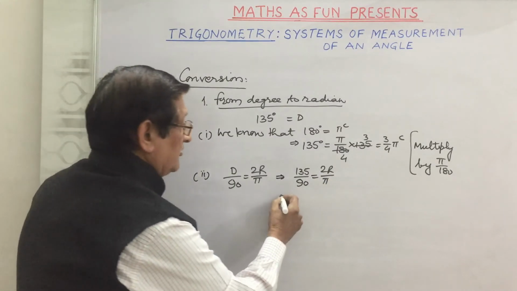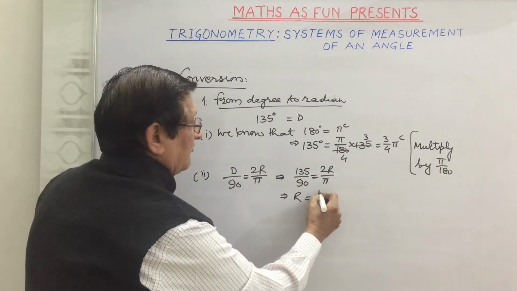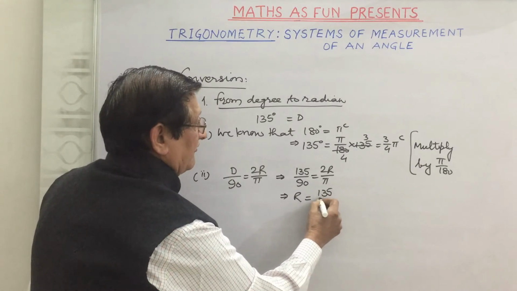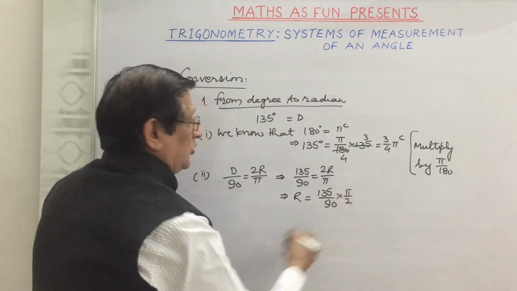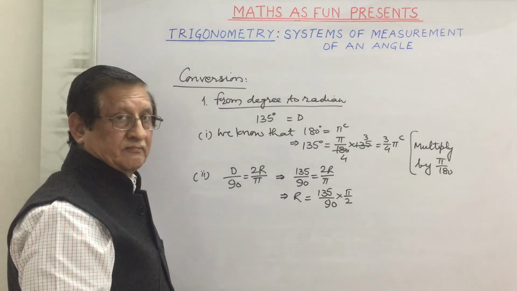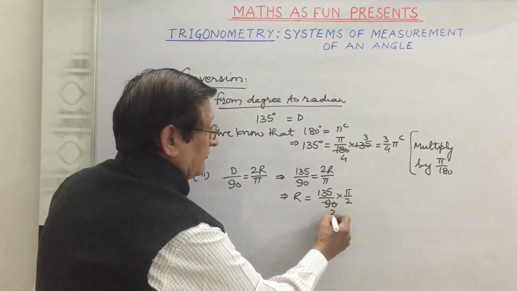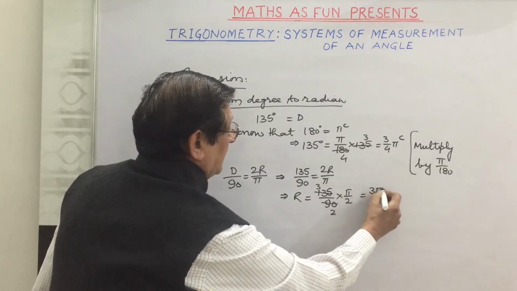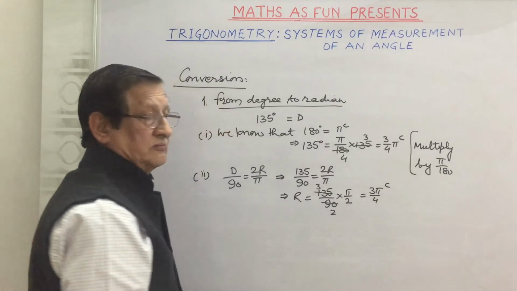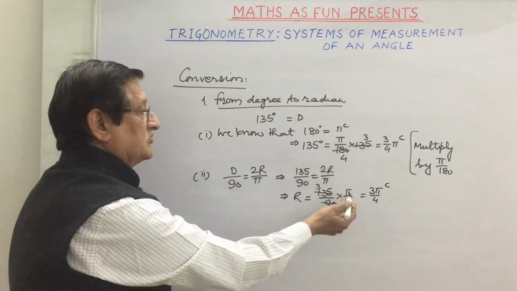So r will be 135 upon 90 into pi upon 2. We cancel it, 45 twos are 90, 45 threes are 135. So it comes as 3 pi by 4 radians. The same answer we are getting.